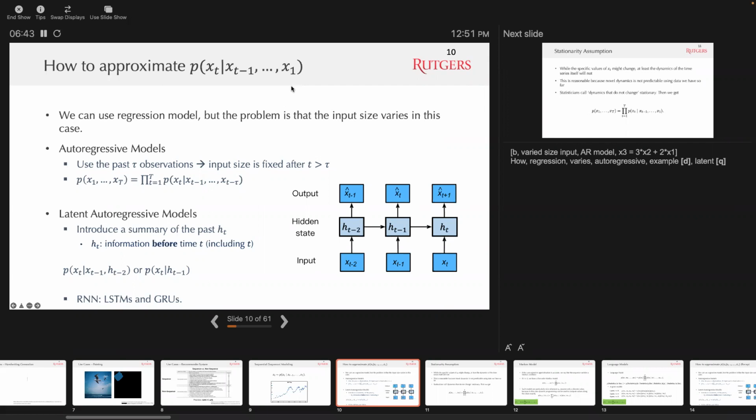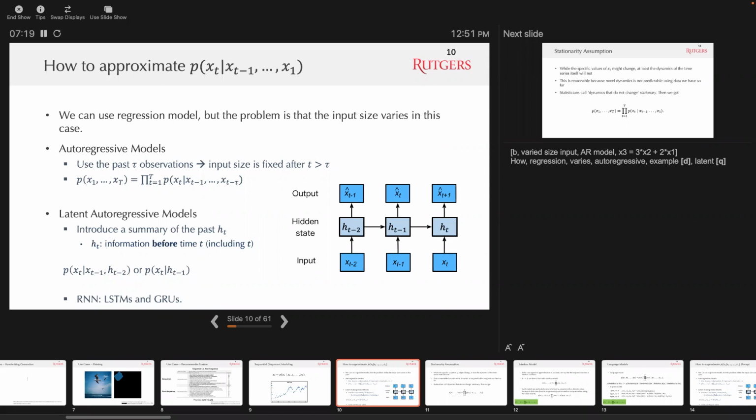You just, for example, train a linear regression model to take all the previous history as input and then predict the current value, right? But there's one problem here. The problem is that the input size is actually different for different t. For example, if you want to predict x_3, right?